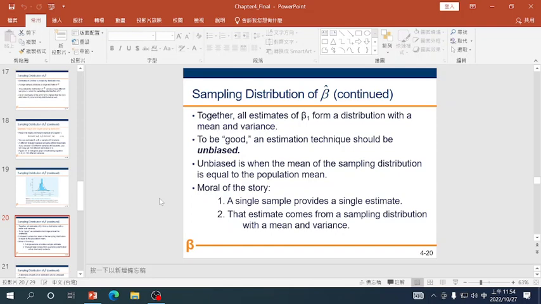This is the basic statistical theory and concept about hypothesis testing. That's why we need the sampling distribution.